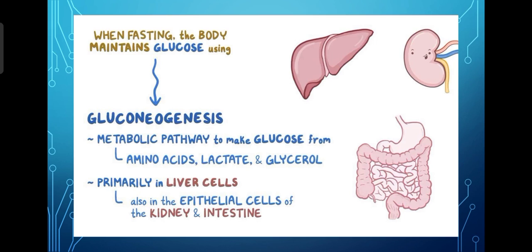So we can see the metabolic pathway here to make glucose from amino acids, lactate, and glycerol. Primarily in liver cells, it also occurs in the epithelial cells of the kidney and intestine.